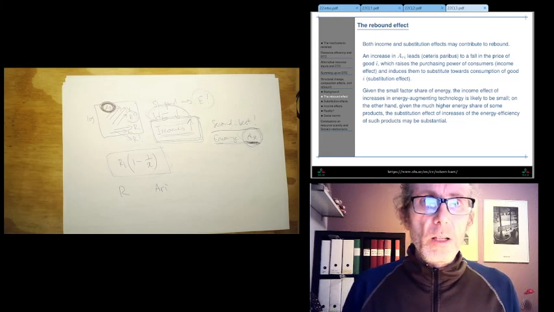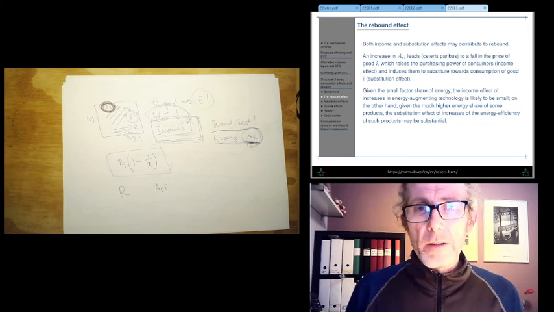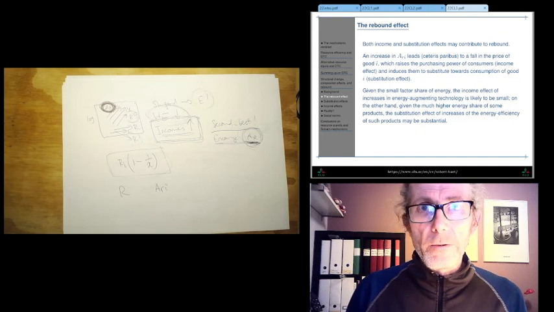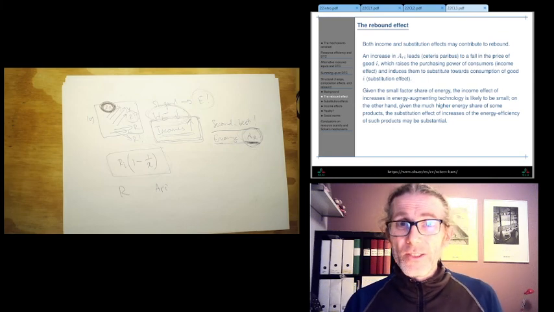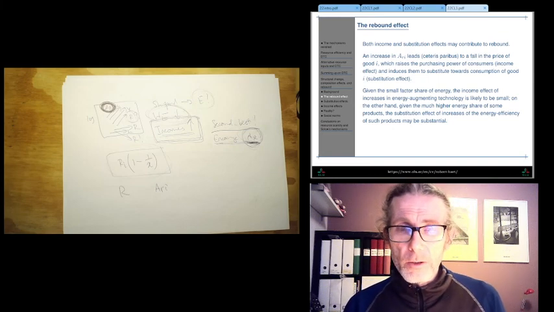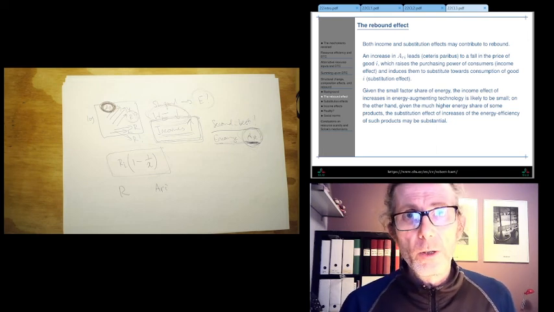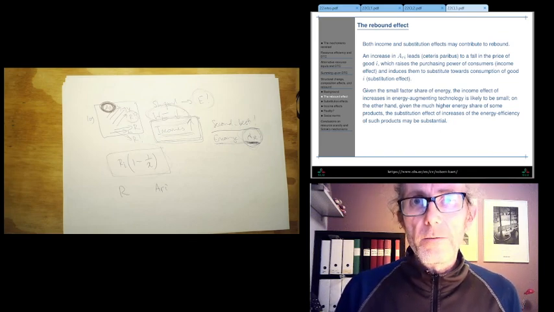Because imagine planes get a little bit more efficient. How much does that affect your overall wealth, which then feeds back into your demand for flights? Hardly at all, right? Unless you spend a very, very large amount of your overall income on flying, it's really going to be a negligible effect. So we can more or less ignore that effect.